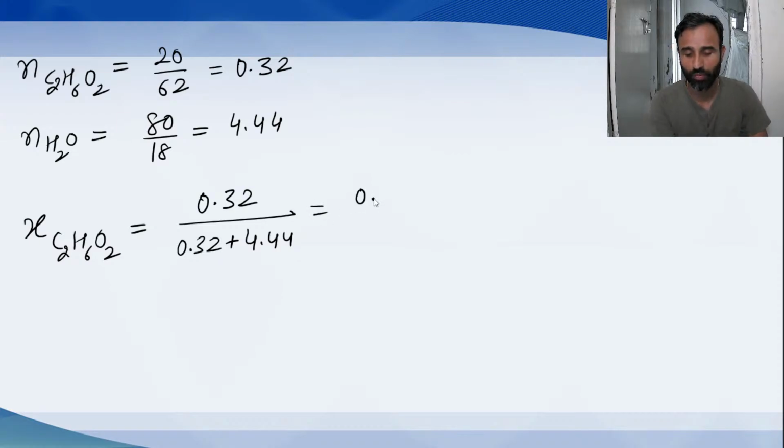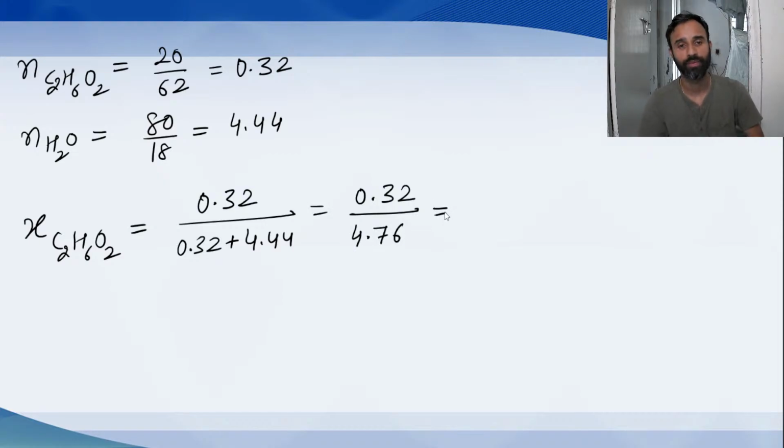So it is 0.32 divided by 4.76, which means it is 0.0672.